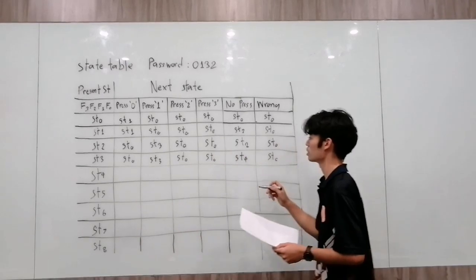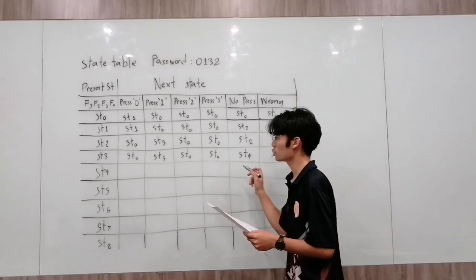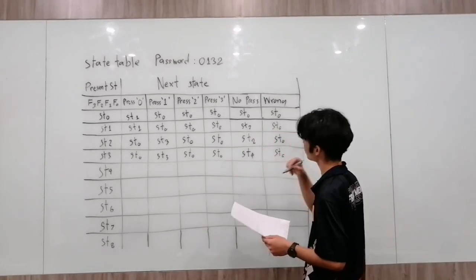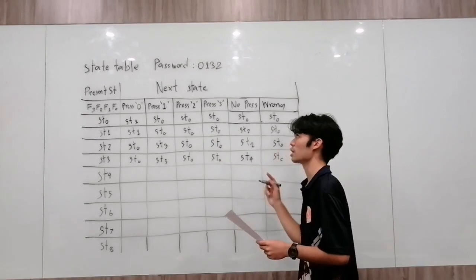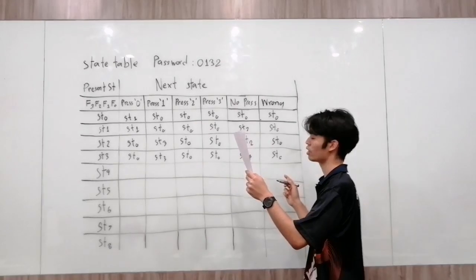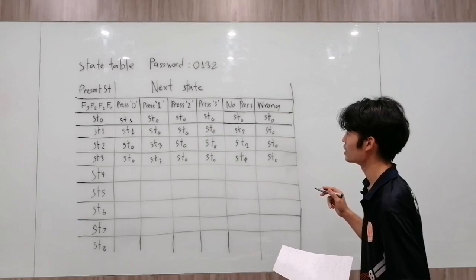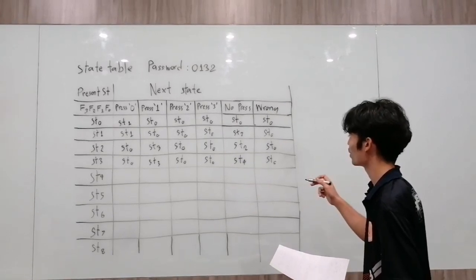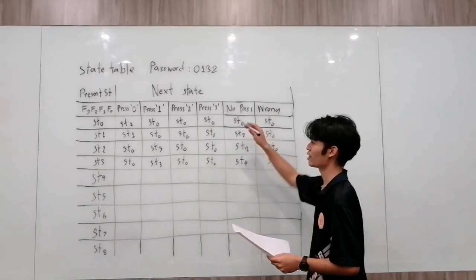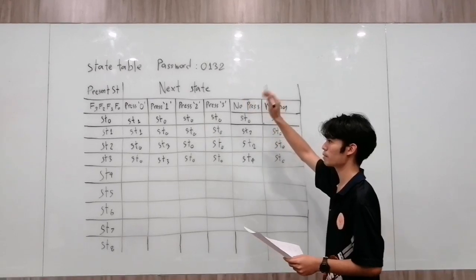At state 4, state 4 is wait for the third password.